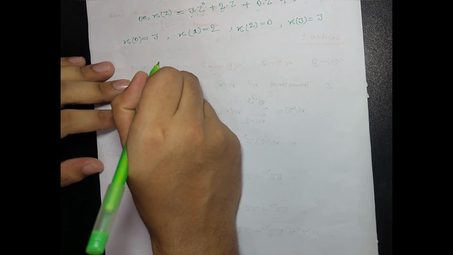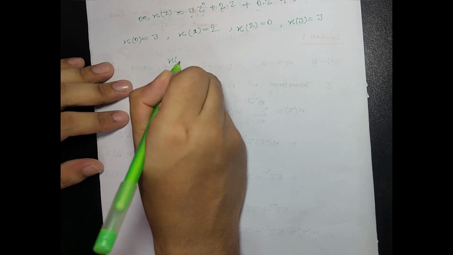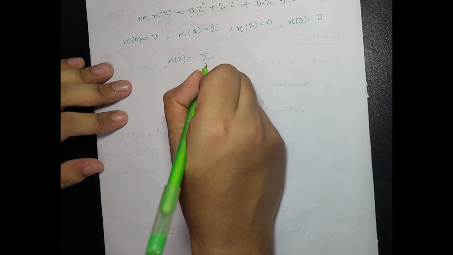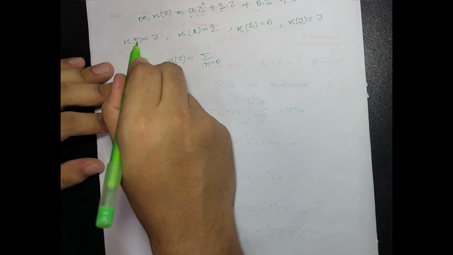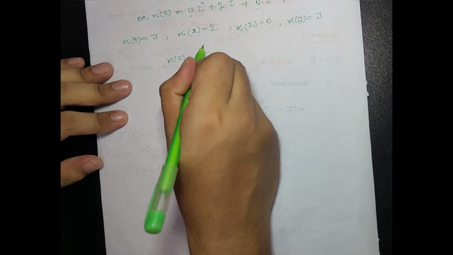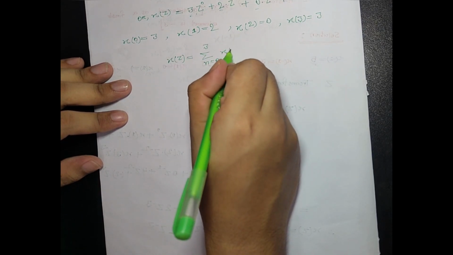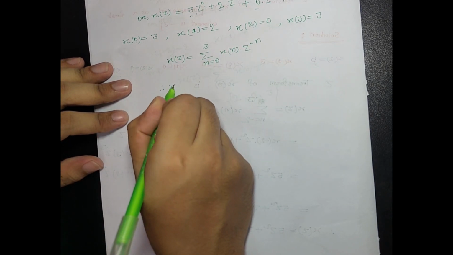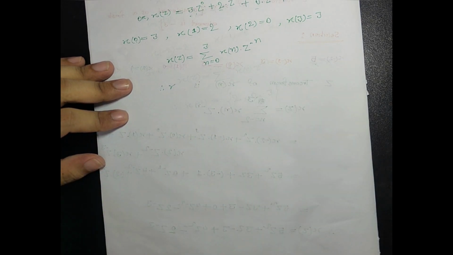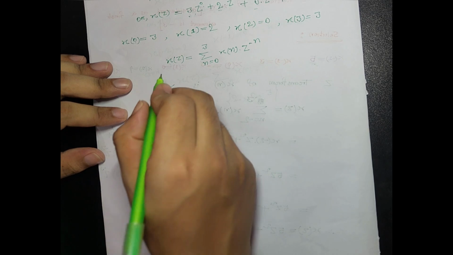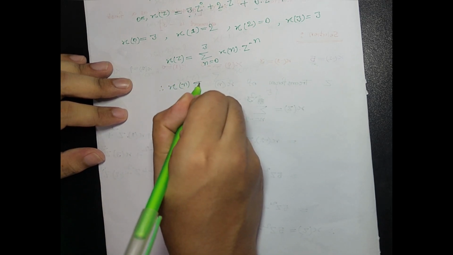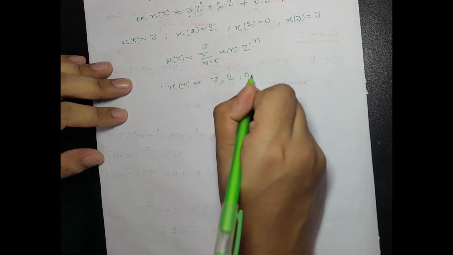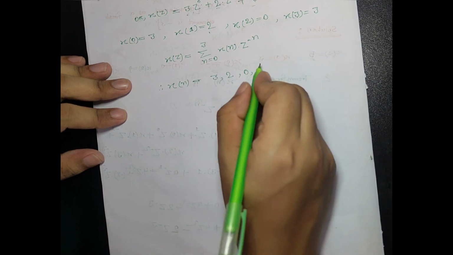We know that the z transform of x of n is x of z equal to summation of n equal to 0 to plus 3 of x of n z to the power minus n. That means x of n equal to 3, 2, 0, 3.